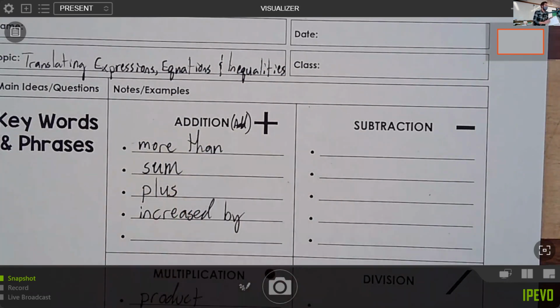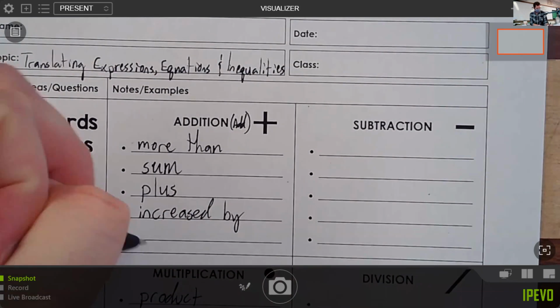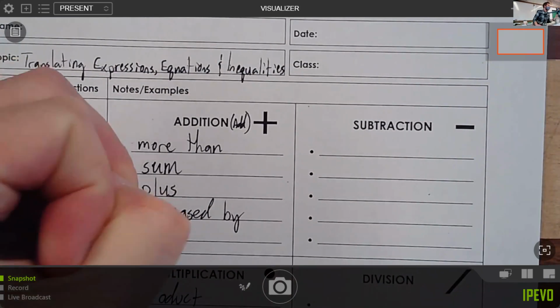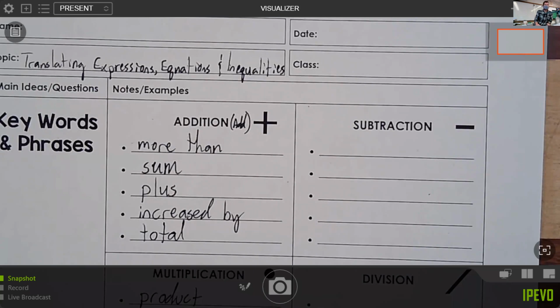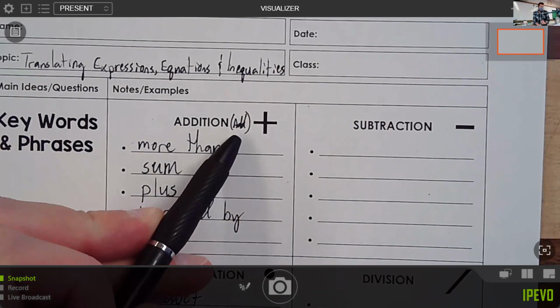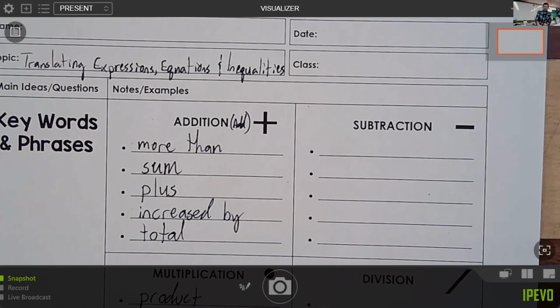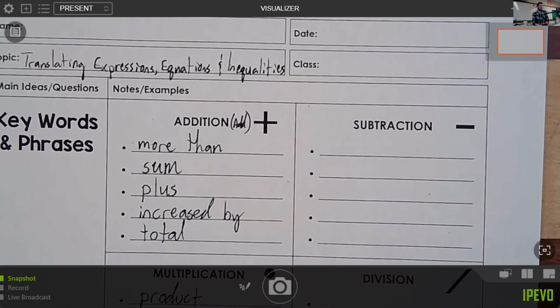I actually don't see it on your assignment either, but you will see it at some point, and I know that you've seen it before, and that word is total. If you take the total of something, you're just adding everything together. All right. So these are the 5 ones that we're going to be using for addition, or 6 for add. Add, added, adding.